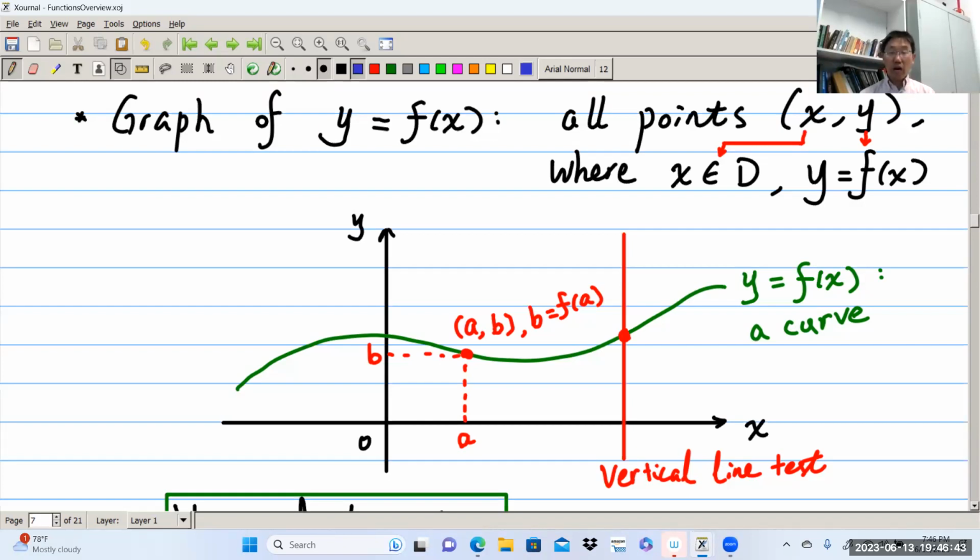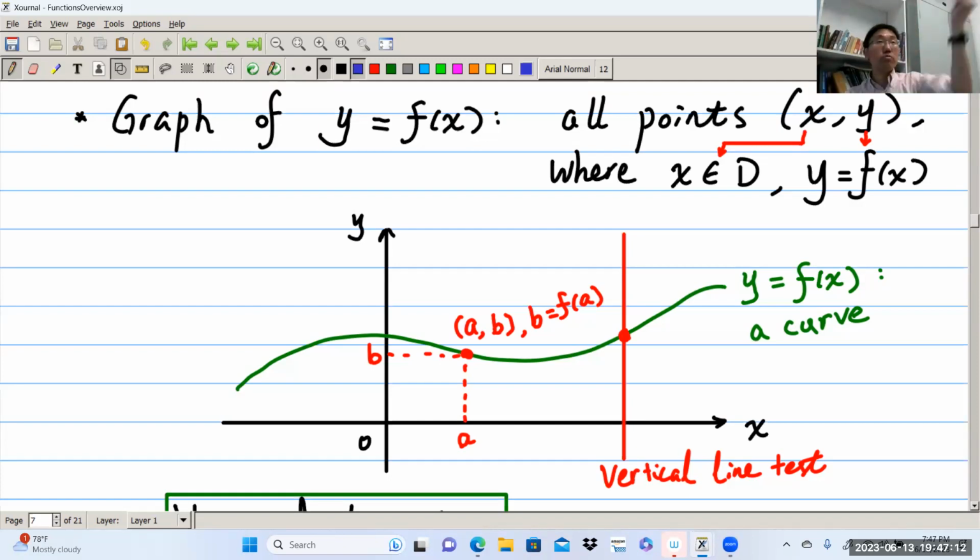Clear? So now you can see for each input there is one output. So for each input, one output, you can put it together, you get a point. Then you change the input, you change your x value, you get a new y value, and you get a new point. So graphically speaking, this function generates points, right?